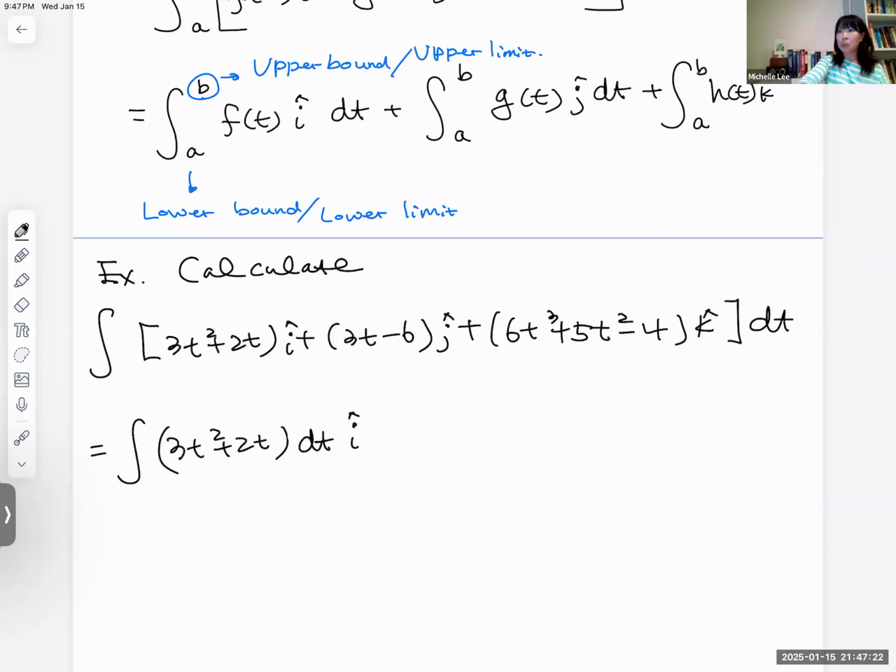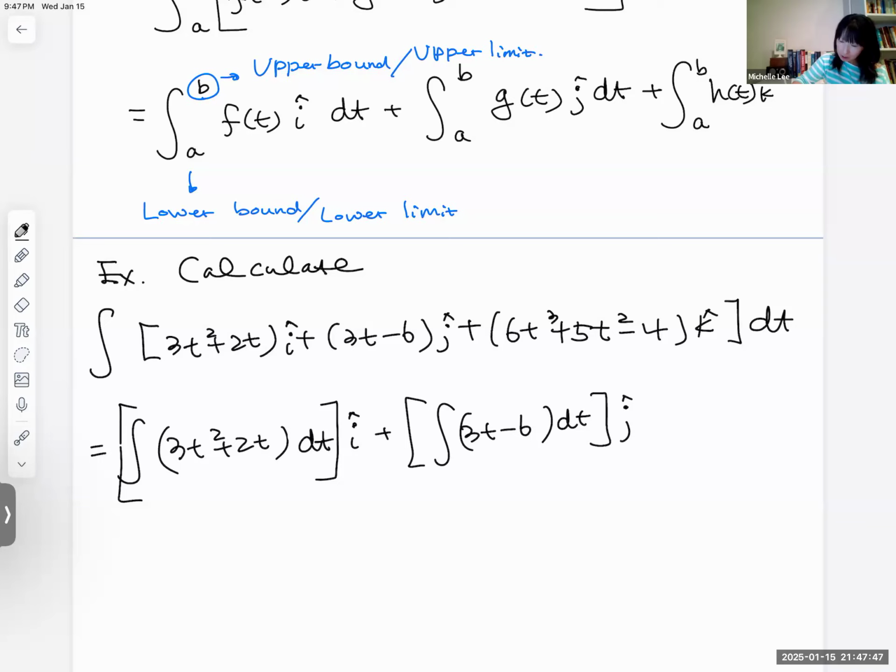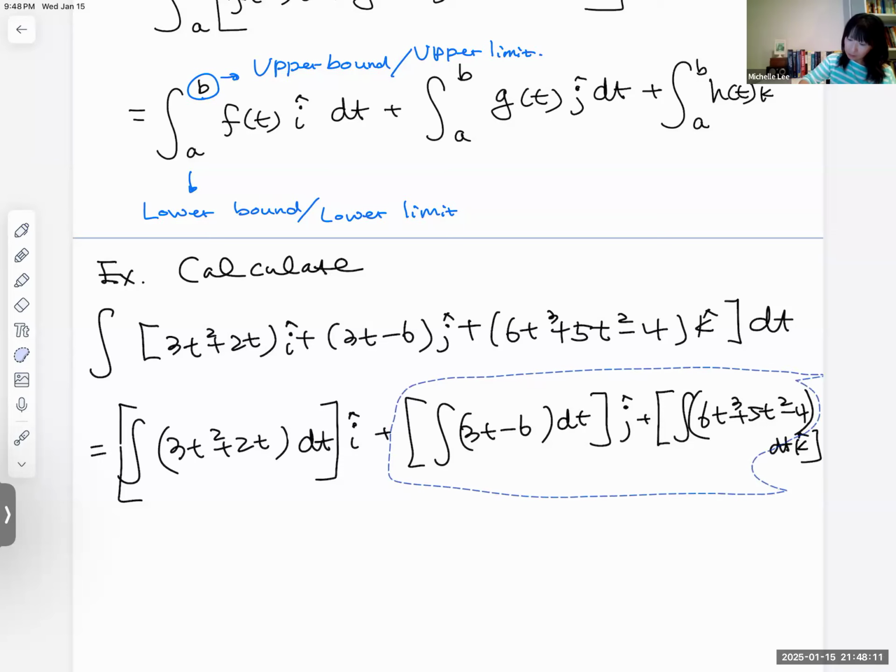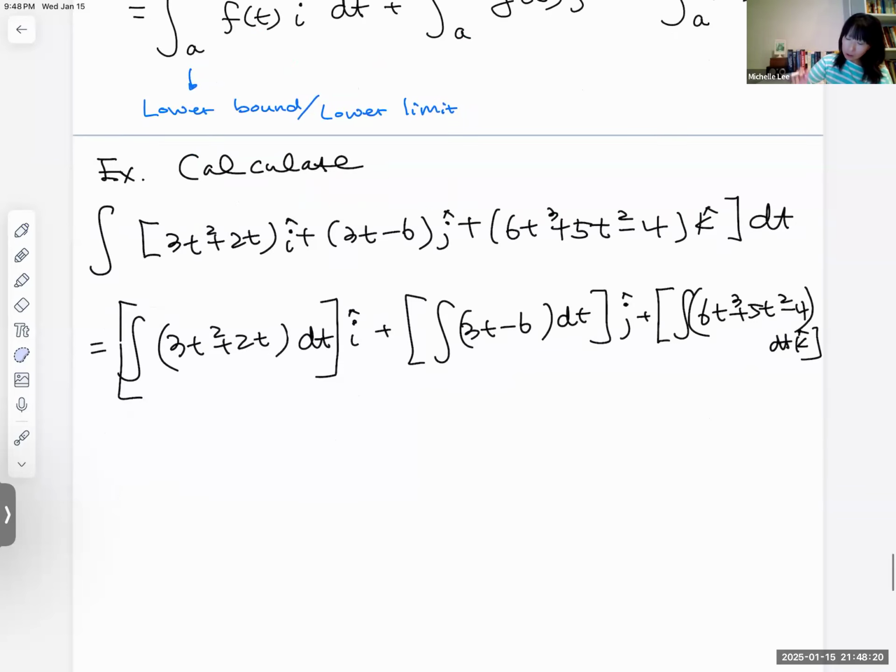They use a notation like that. Now plus integral of 3t minus 6 dt j, and plus integral of 6t cubed plus 5t squared minus 4 dt k.